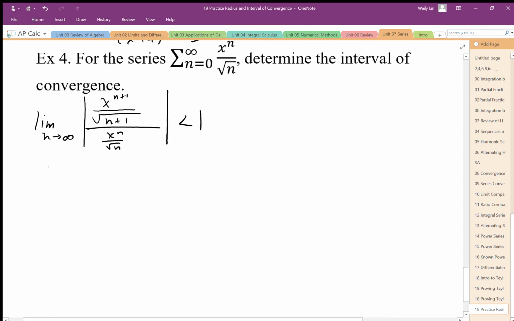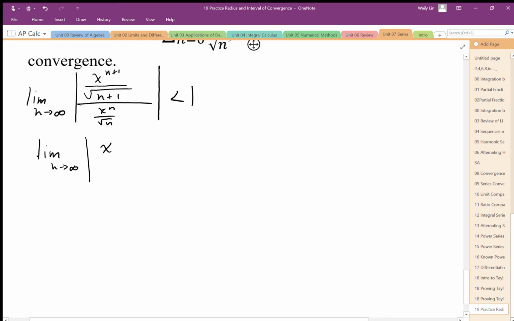So then rearranging that, grouping my terms, I'm going to let n go to infinity. Grouping my x terms, I'm just going to be left with x. Grouping my n terms, I'm going to end up with square root n over square root n plus 1. Okay, so there's my ratio test.